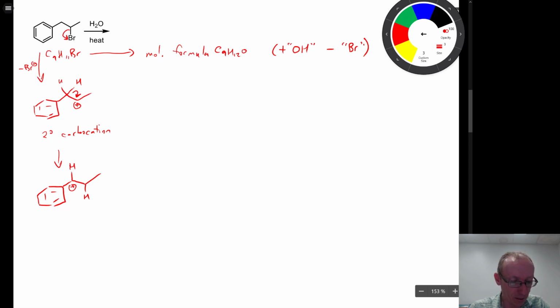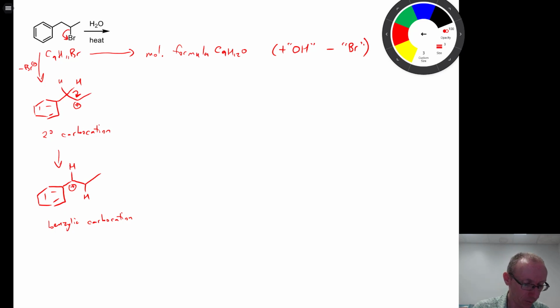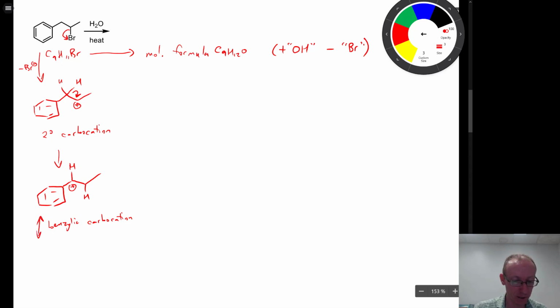So now, why is that so stable? It's what we call a benzylic carbocation. And it's stable because we can draw other resonance forms for it. So, for example, we use these double-headed arrows for resonance structures. I'll do this in a different color. So I can draw this pair of electrons going out there, and we're putting the positive charge onto the benzene ring now.